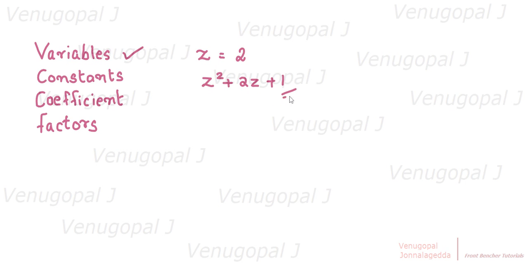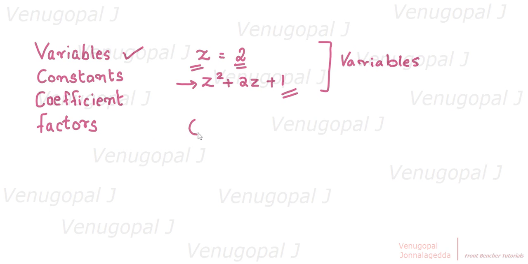What is the value of this equation? What we learned here is variables, and we learned another concept called substitution. So let's substitute the variable z's value in this equation.